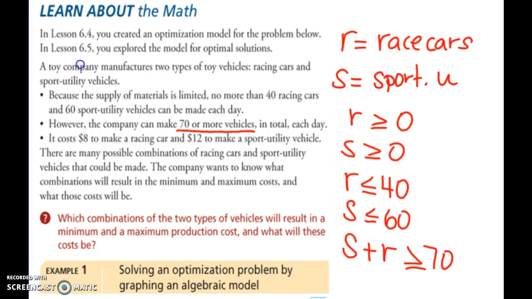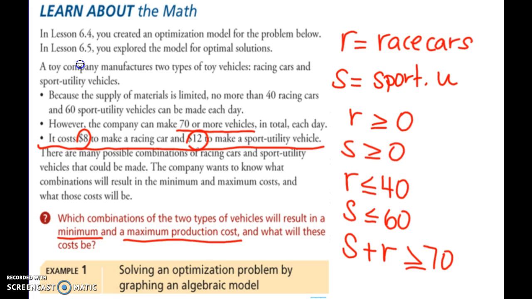And I know we still have one line here that we haven't talked about, but this line is talking about quantity of race cars and sport utility vehicles. And what it's saying is, in the end, we want to know the minimum and maximum production costs. So we're going to use the cost, $8 and $12, in our objective function. Okay, this will be our statement that we use to solve our question in the end.